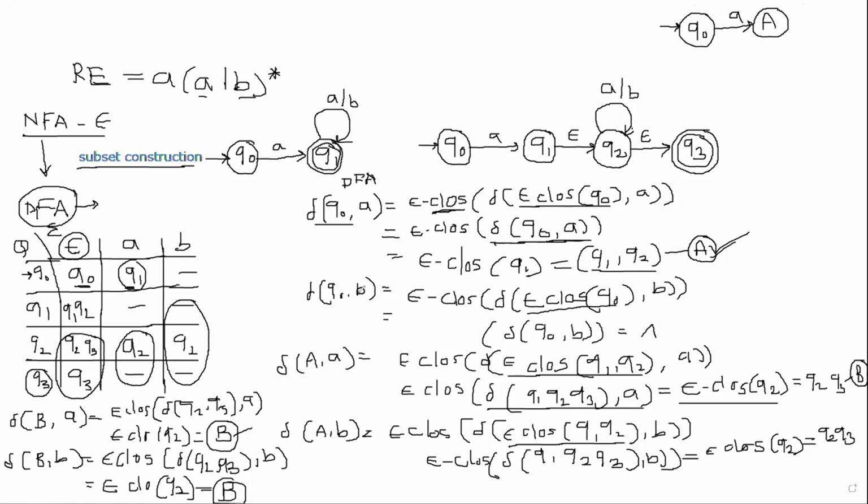Capital A with small a, I am reaching to capital B. You can check transition of A on A is B. And transition on A comma B is also B. So I will have A with B, both capital B. And from B, with A and with B, I am reaching to itself. So there is a loop. I will have A comma B.